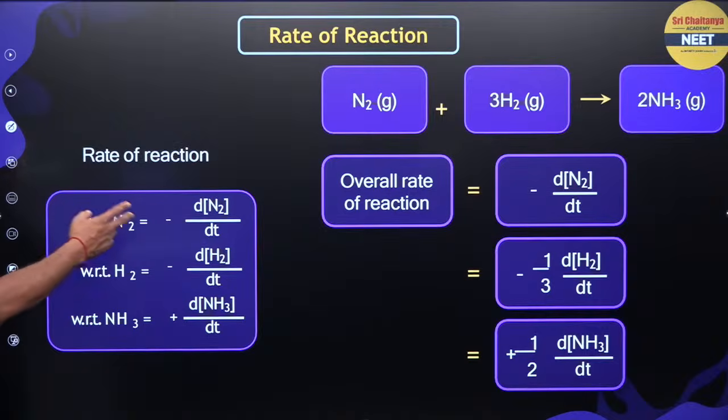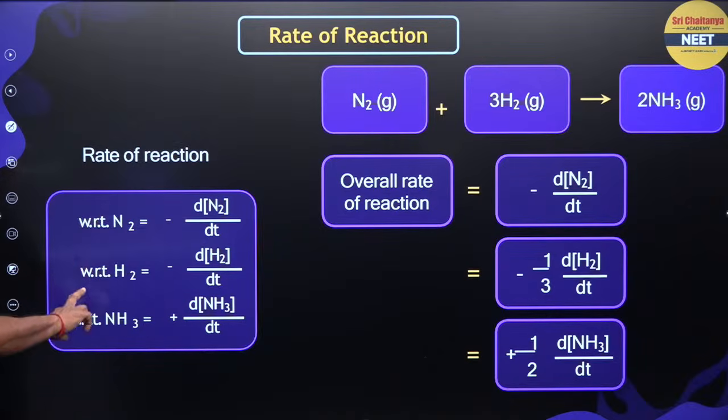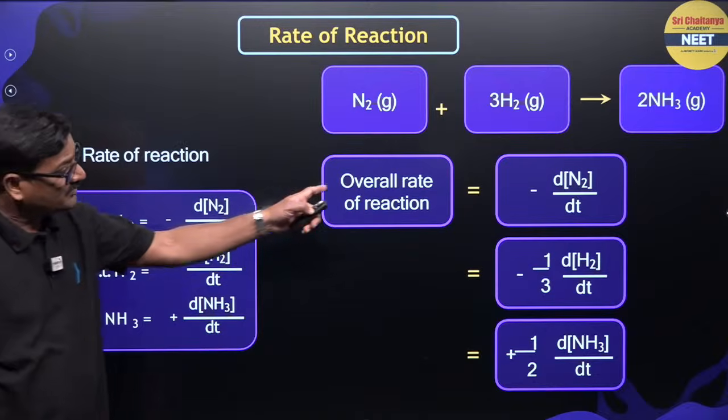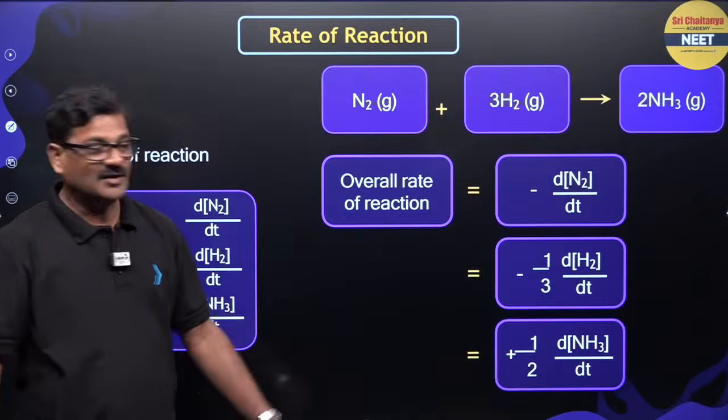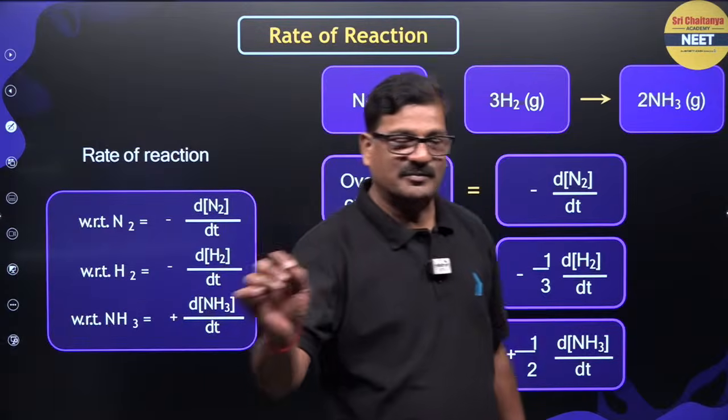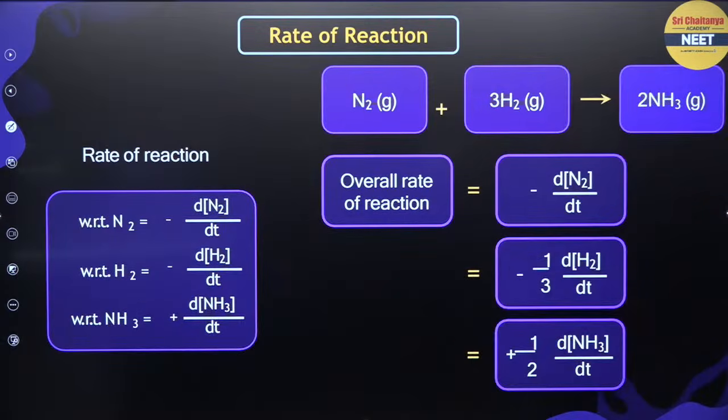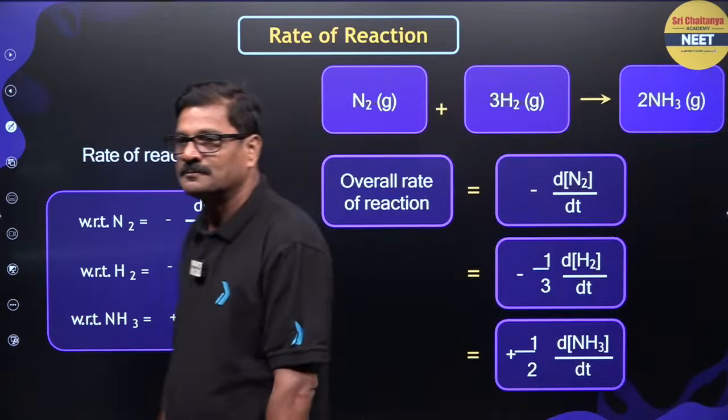With respect to nitrogen, with respect to hydrogen, with respect to NH3. But the overall is going to be 1/3, it is going to be 1/2. Now, this slide can give you the clear picture about how the rate changes. Hope you like this.